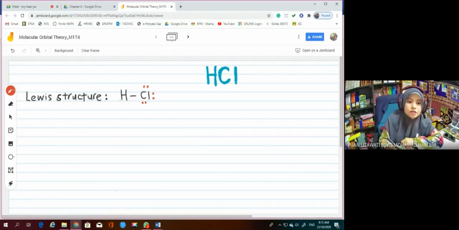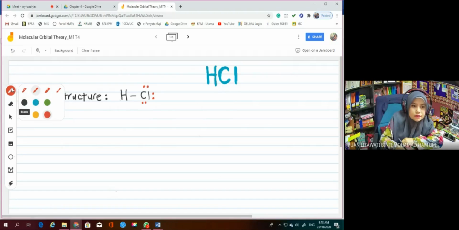Right, next we want to check whether our Lewis structure is plausible or not. And then we want to identify whether the H and Cl atoms are neutral or not. So you have to calculate the formal charge.